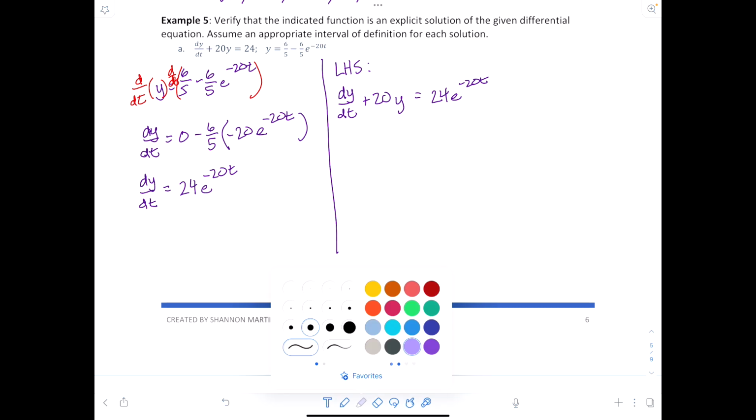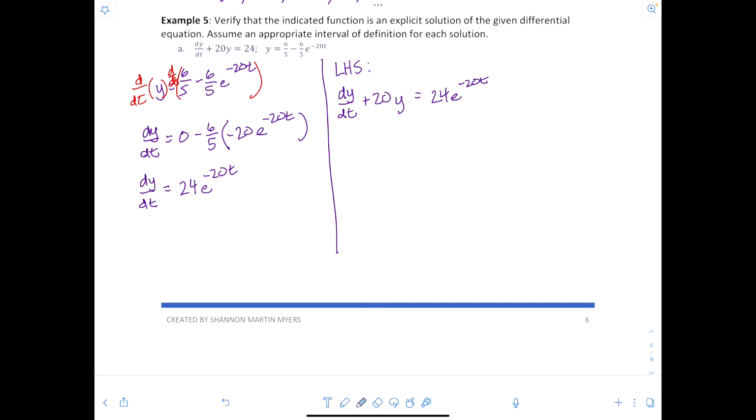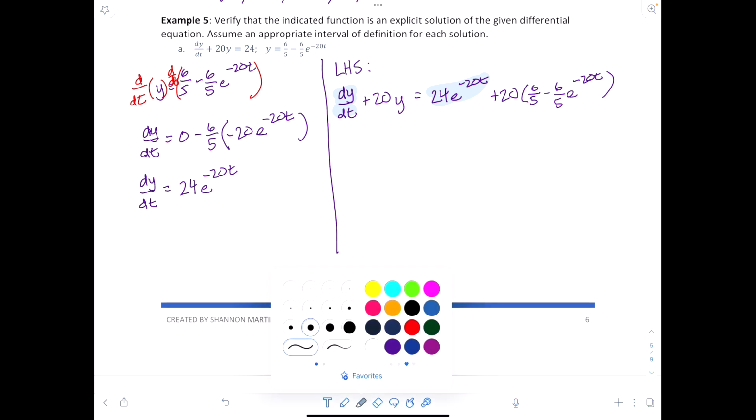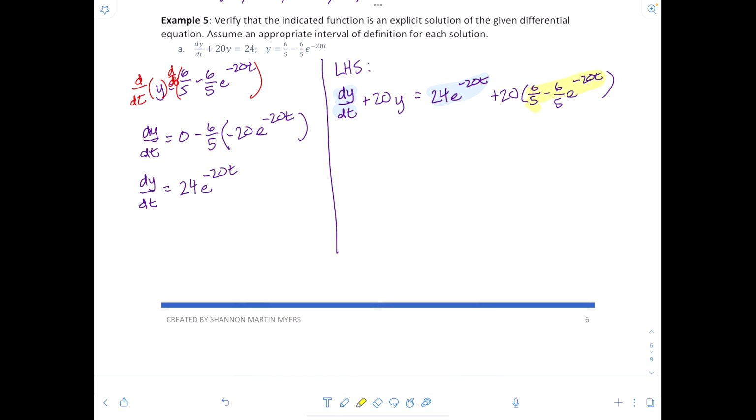So that one, remember, was our first derivative with respect to t. And then plus 20 times y. Y was given up here, right? So y is 6/5 minus 6/5 times e to the negative 20t.